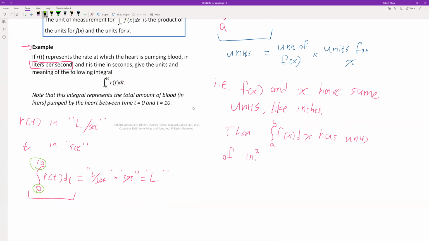So this is the amount of blood pumped by the heart between 0 and 10 seconds, as we can see right here.